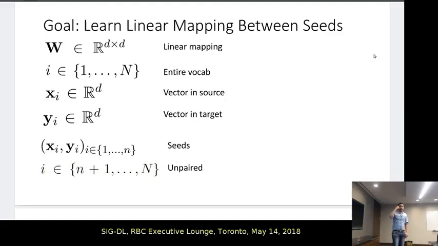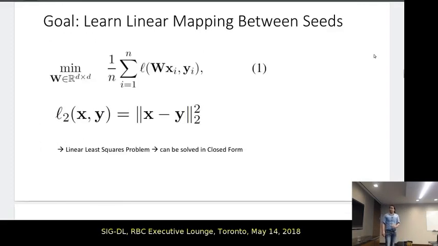The reason is that small n is the number of seeds we have, a smaller subset of the entire vocab. Let's just assume that the vocabs are the same size in both languages. The last notation tells us you train on the seeds, and then from n plus 1 to n, you want to be able to generate good results, or map almost accurately from source to target.